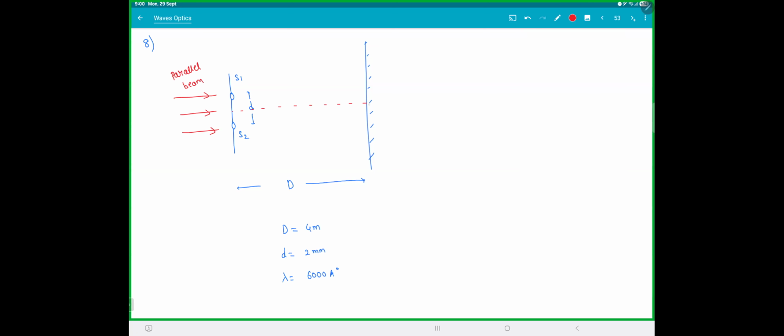This is your y equal to 0. There is a point P here at a distance y. Find the intensity at point P. I is the intensity of the sources.